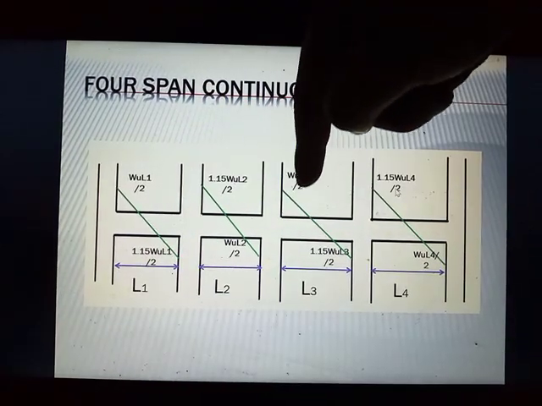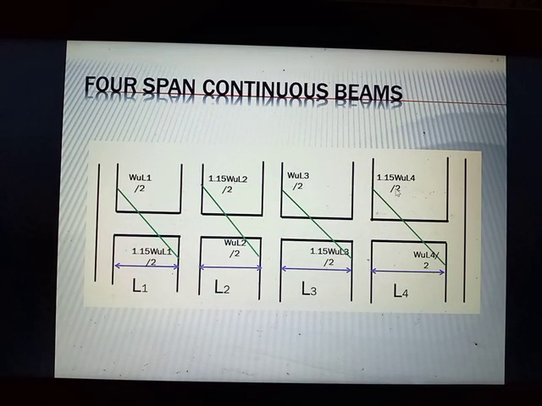These two only, and the rest will be Wu Ln over 2. But please take note that in computing the shear forces, you can use directly the clear spans of each of the beams.